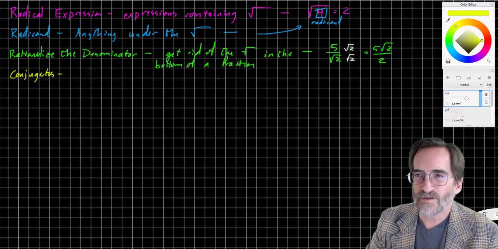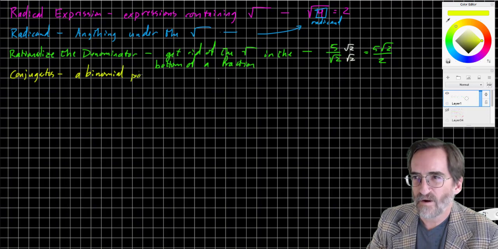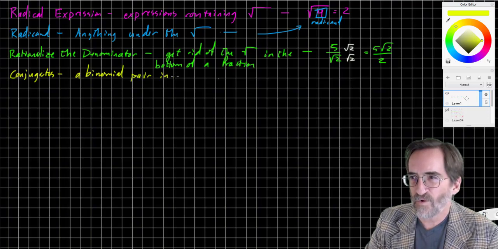Basically, it is a binomial pair in which the second term, or second terms, are opposites.